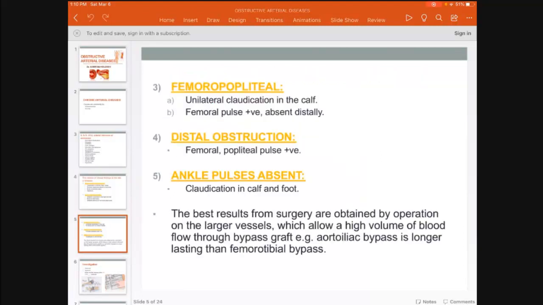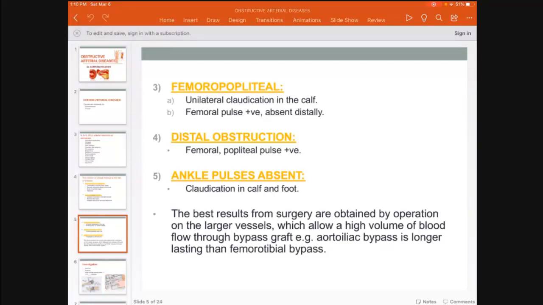When you have a femoral popliteal occlusion, you have unilateral claudication in the calf muscle. The femoral pulse will be positive, and absent distally, always one joint below.